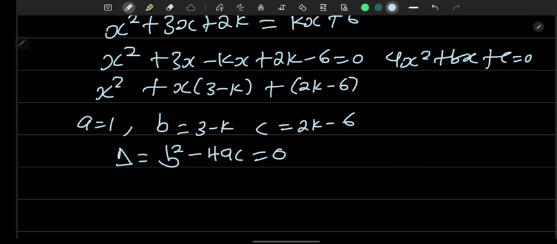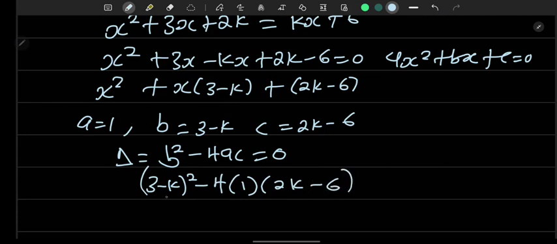So for that reason, now we make substitution of the constants here. Where b is 3 minus k all squared, minus 4, a is 1, and c is 2k minus 6.